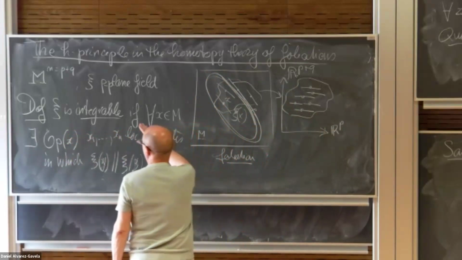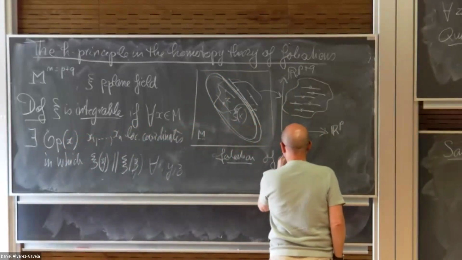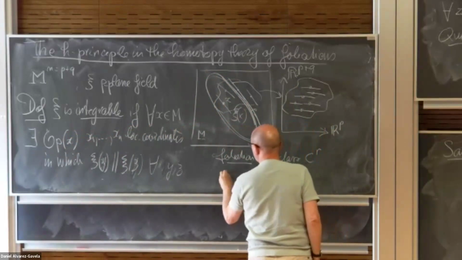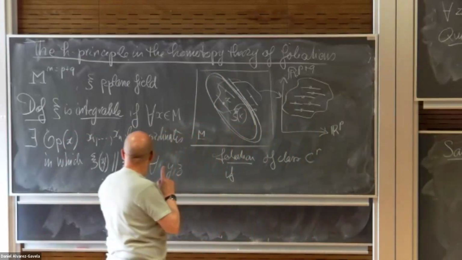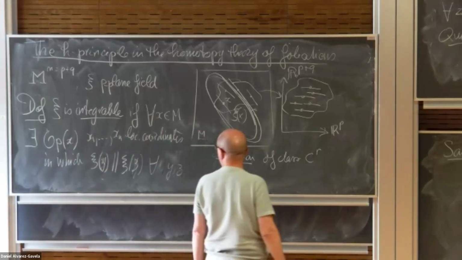And the foliation is said to be of class C^r if the trivializing local coordinates are C^r.